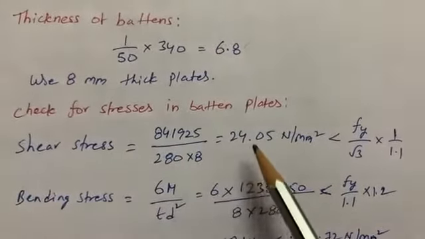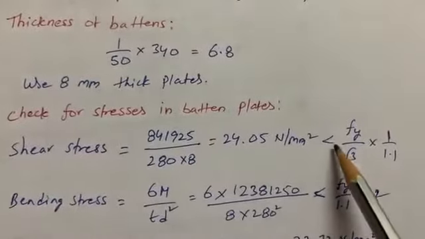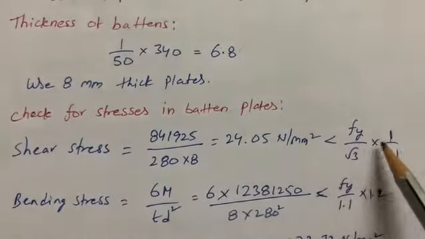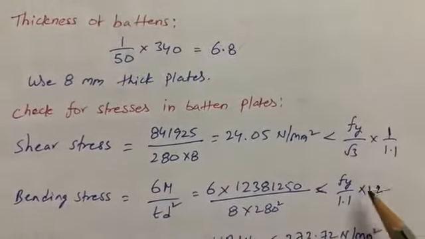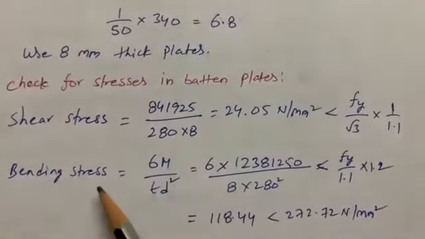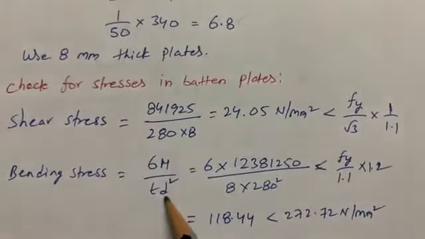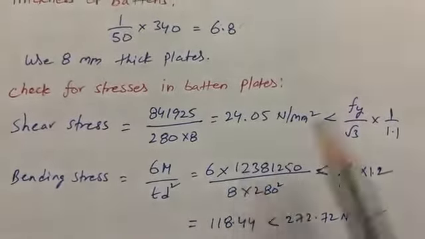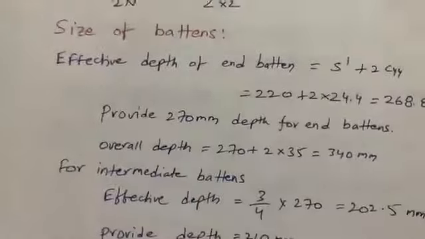So I got 24.05. The code specifies that it should be less than fy by root 3 into 1 by 1.1. Hence it is satisfied. Next, bending stress. The bending stress formula is 6M by t d square. So 6 into the M value, which we already calculated. Here we calculated the moment.